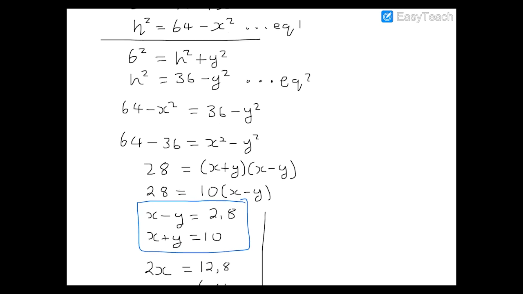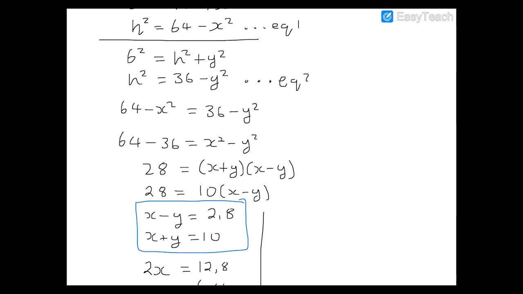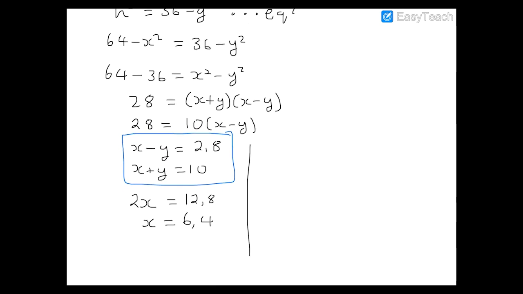We know from equation 1, h squared is equal to 64 minus x squared. Just to make the calculation easier, I'm going to factorize this into 8 plus x and 8 minus x.